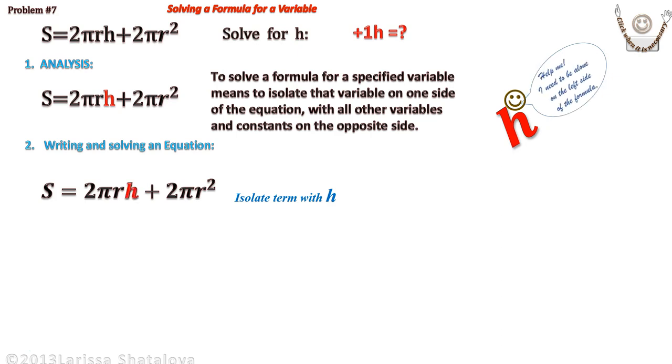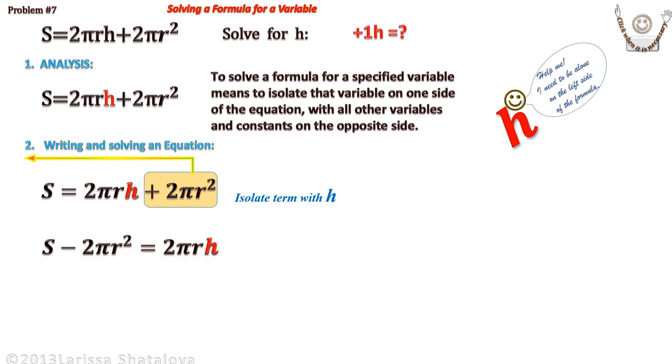For that purpose, we have to move the entire term, positive 2 pi radius squared, from the right to the left. Don't forget to change sign. As a result, we will have positive S and negative 2 pi radius squared equal 2 pi radius times h.